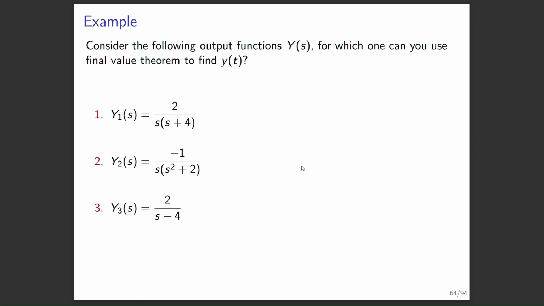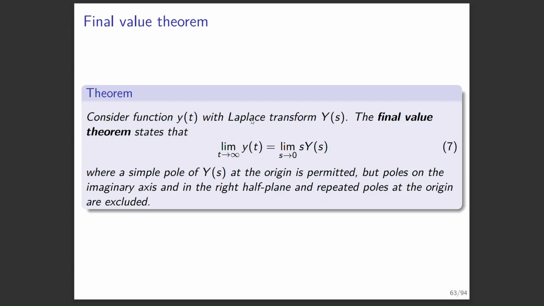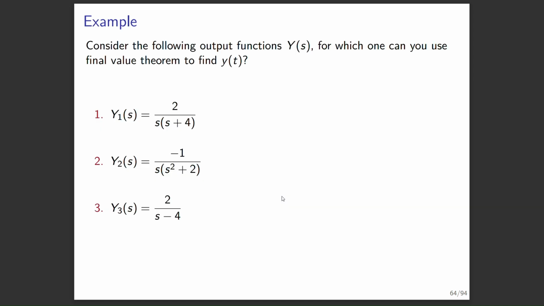Let's see these examples. Consider the following output functions. I have represented them in Laplace domain, and I'm asking you for which one can you use final value theorem. Okay, so you want to use this equation 7, but wait a second, I want to see if I can apply it.